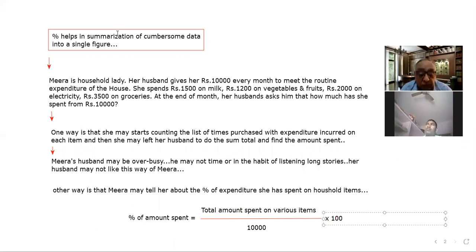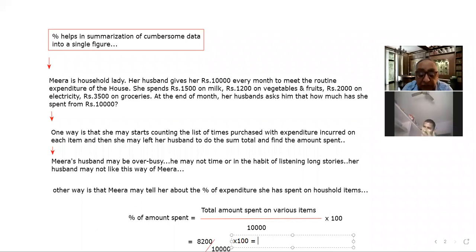In this case the total amount spent on various items was 8200, when you add up all these things, divided by 10,000 and multiplied by 100. That will amount to 82%.